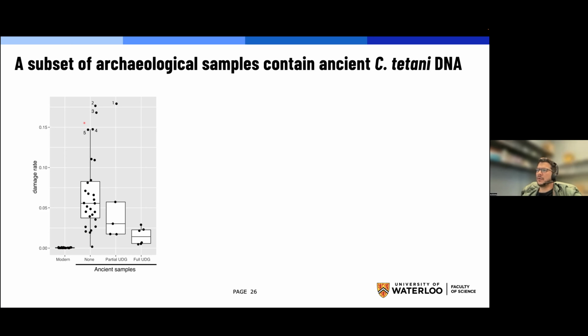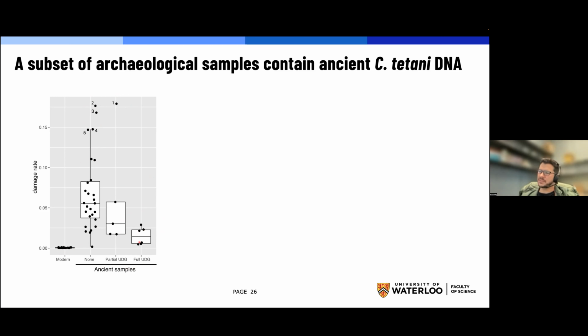But if you look at the ancient DNA samples that we have identified, you see quite a large range. Some of these samples actually have moderately high damage levels exceeding 10%, but there's quite a range.